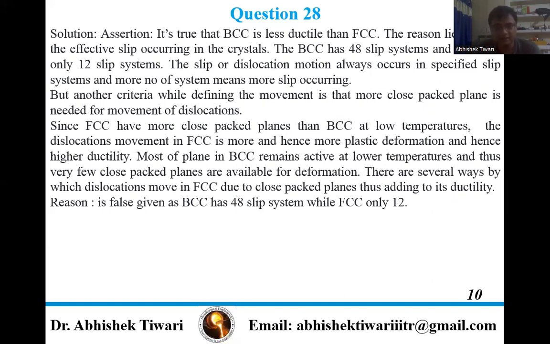But another criterion while defining the movement is that more close packed planes are needed for movement of dislocations. Since FCC has more close packed planes than BCC at low temperatures, the dislocation movement in FCC is more, and hence more plastic deformation, and hence higher ductility. Most of the planes in BCC remain inactive at low temperatures, and thus very few close packed planes are available for deformation.